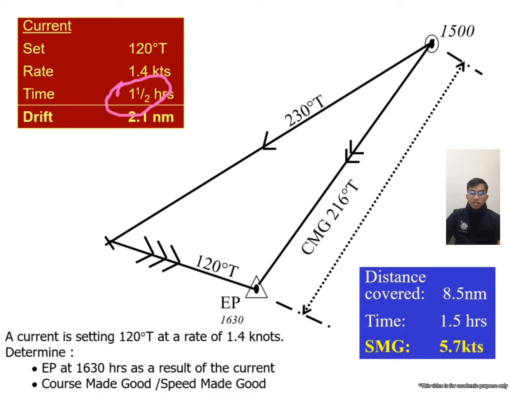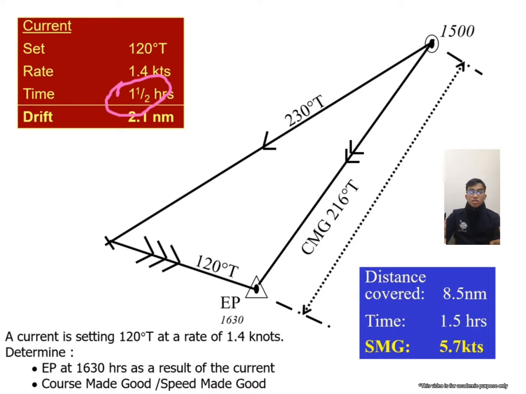We'll do that in the next slide. In this case, the distance covered, as I worked it out separately, is about 8.5 nautical miles on 216 degrees in a time of 1.5 hours.